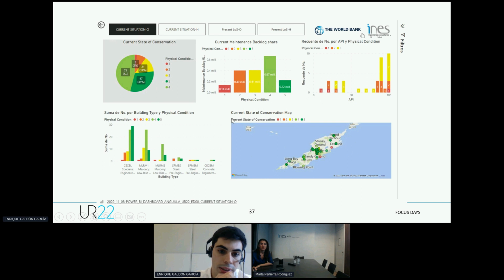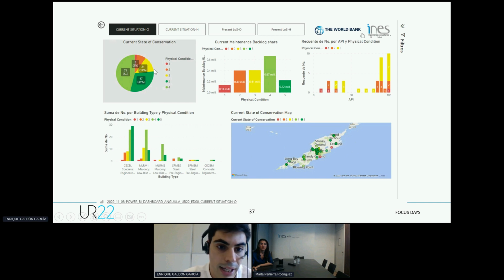For example, in this case we have a static photo of the physical condition of the buildings of Anguilla. Here we have a pie chart with the physical condition of the different buildings, and more or less 80% of the buildings are in good condition, 4 out of 5.